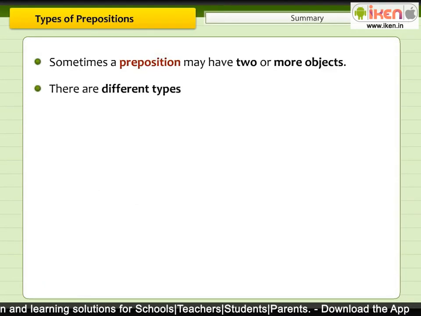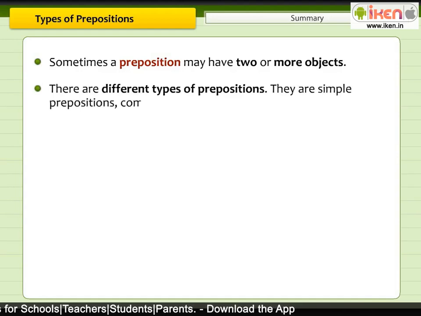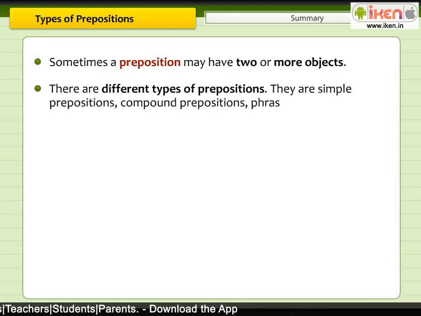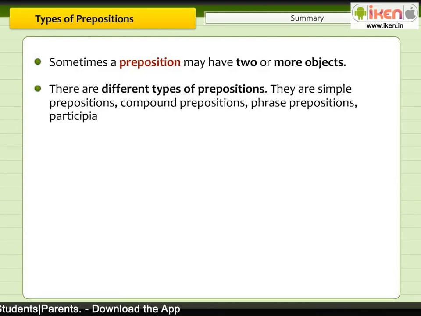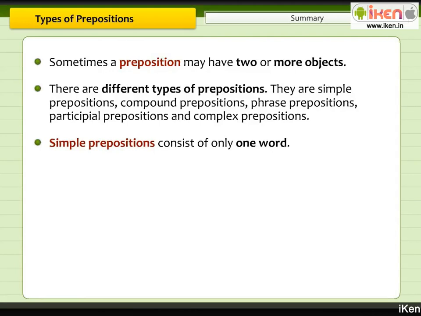There are different types of prepositions. They are simple prepositions, compound prepositions, phrase prepositions, participial prepositions, and complex prepositions. Simple prepositions consist of only one word.